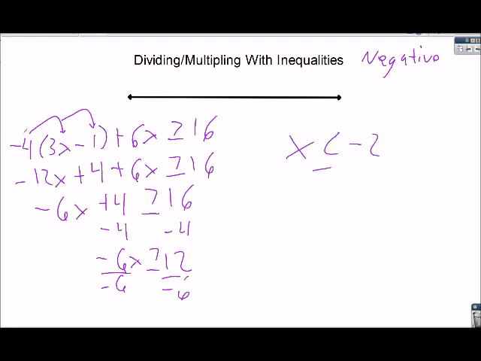I am multiplying by a negative, and it's all on one side. It doesn't change anything. But when I do a negative to both sides, it flips. Now that I have it flipped, this is my number in question. And it's going to be a closed dot because of the or equal to, and anything smaller than it.